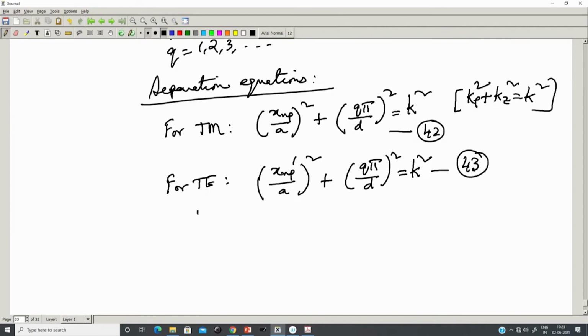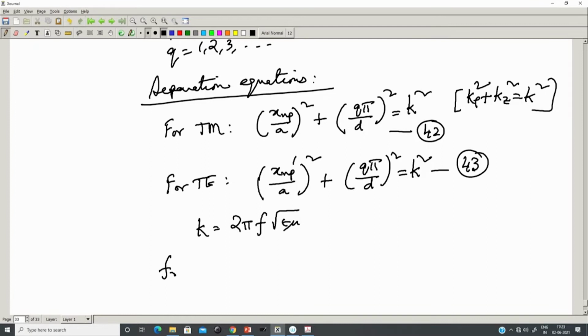Now, substituting k as twice pi f root of epsilon mu, we can solve for the resonant frequencies of the cavity from these two expressions.